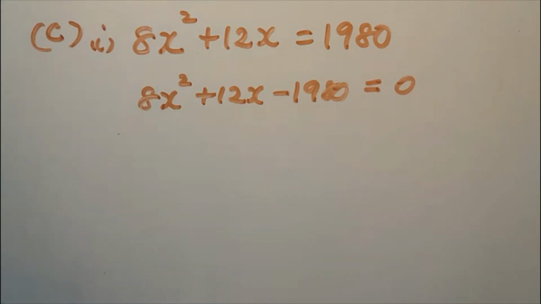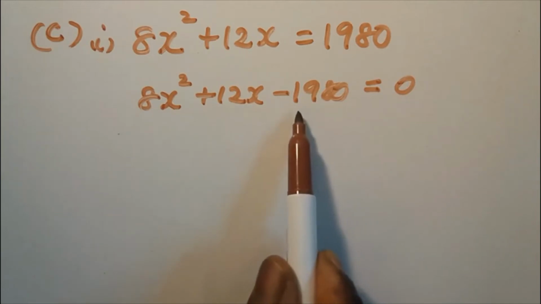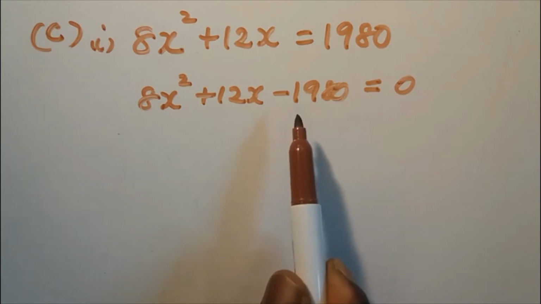We can see that if we divide 8x squared by 4, we'll get 2x squared. And if we continue, this will be 3x. And 1980 divided by 4 will give us 495.